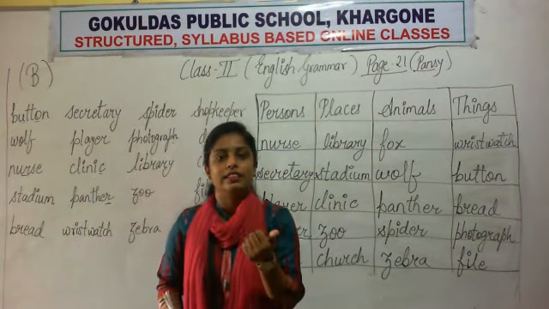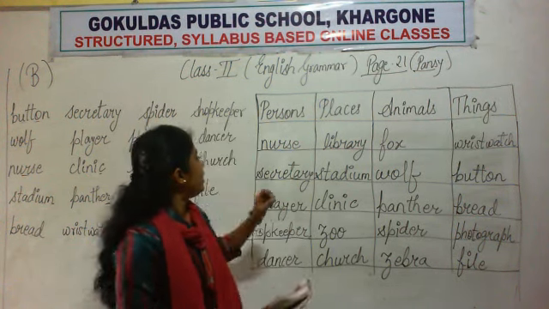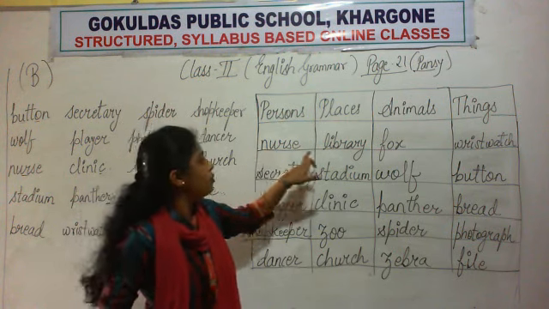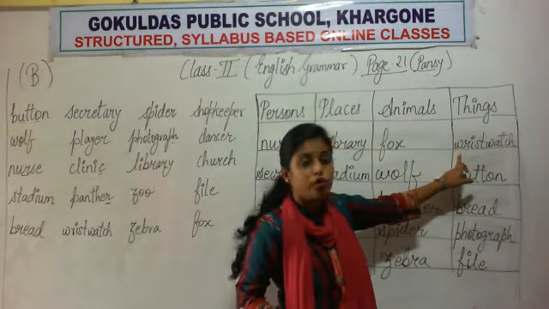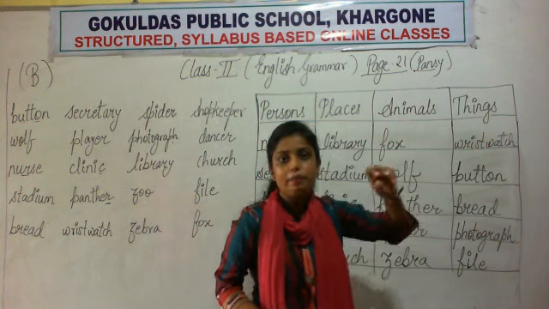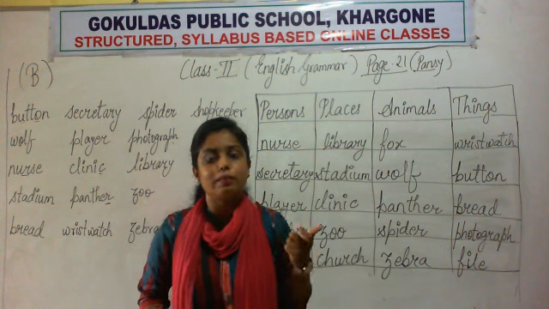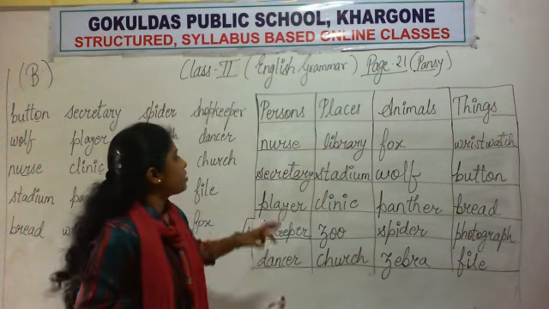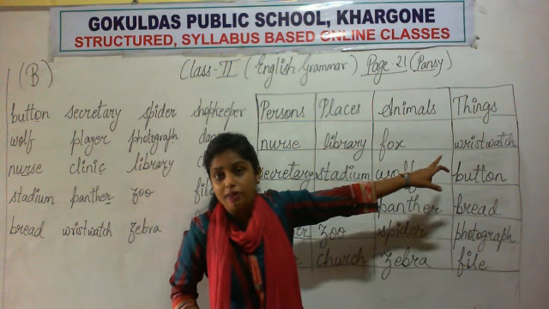अच्छा, one thing that if you notice it, आपकी बुक में ये नर्स का N कैपिटल है, लाइब्रेरी का L कैपिटल है, the F of fox is capital, the W of wristwatch is capital. Okay, but that is, I would say, a printing mistake, क्योंकि ये सारे common nouns हैं and common nouns never start with a capital letter.